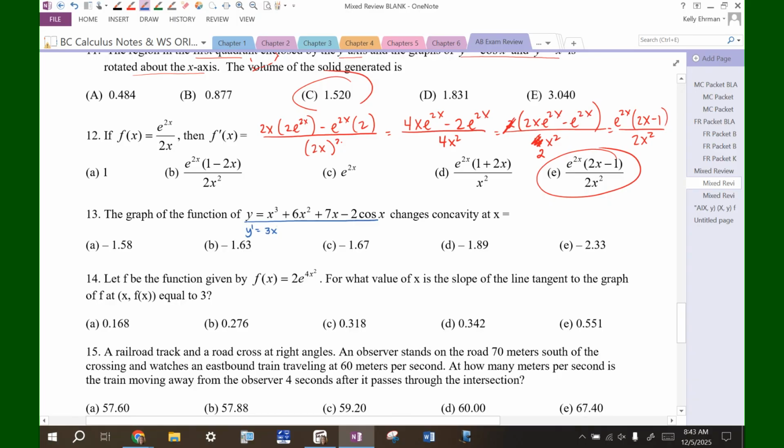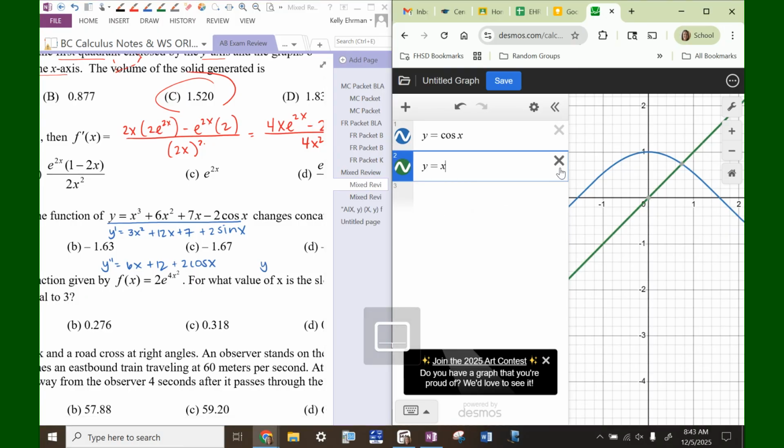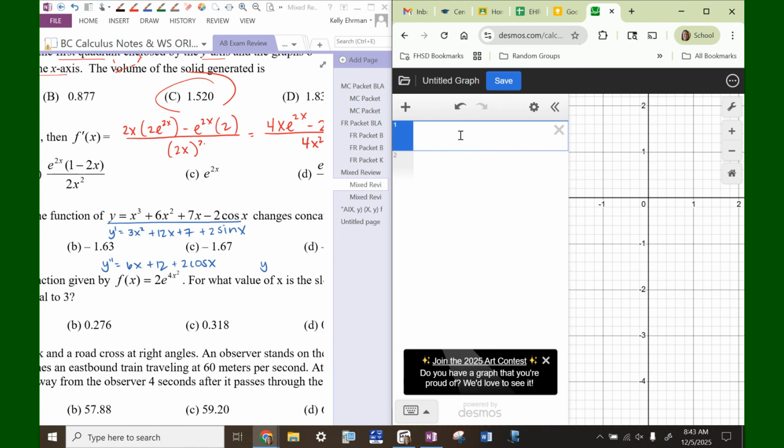Y prime is 3x squared plus 12x plus 7 plus 2 sine x. And y double prime is equal to 6x plus 12 plus 0 plus 2 cosine x. We need to graph y double prime and see if it changes signs at any of these points. So let's graph y double prime.